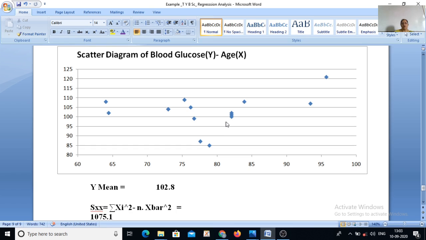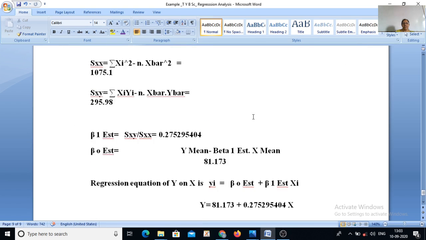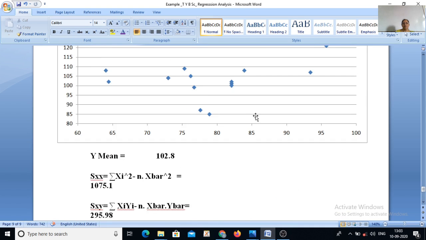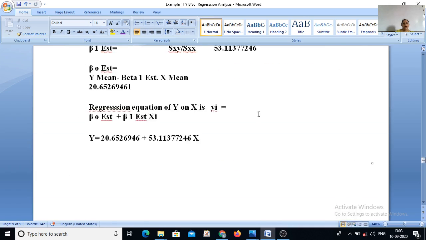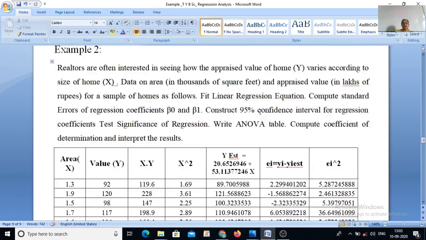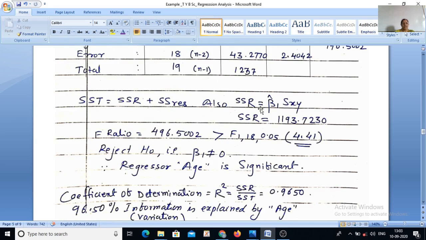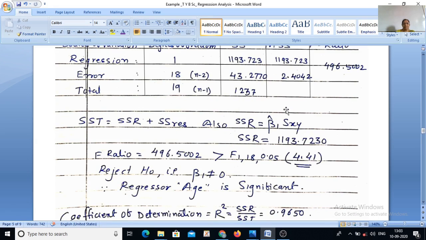Also, find the things we find in the ANOVA table, so that you can compare the three data sets to interpret the results in a proper manner. I will give these particular things in Google Classroom, and we will discuss them in Google Meet afterwards.